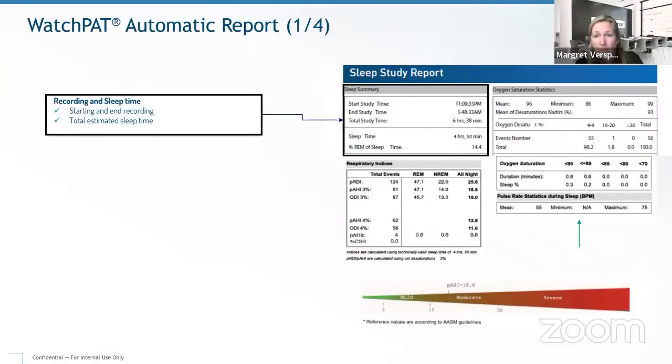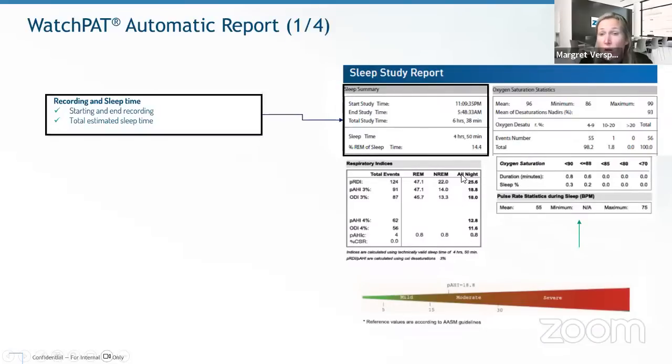Start study time, end study time. You have your total recording time, your estimated total sleep time, and your percentage of REM sleep. It's important to realize that the algorithm needs 2.5 hours of valid data to calculate sleep stages, and it needs 30 minutes of REM sleep to calculate the non-REM and REM indices, and 1.5 hours of data to calculate apnea-hypopnea events.